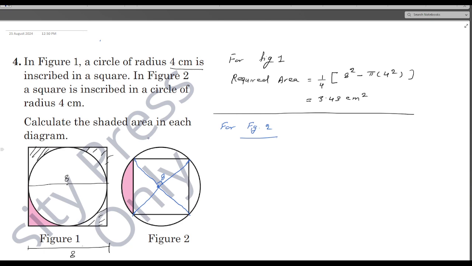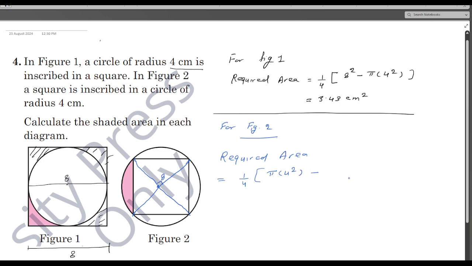So the required area will be equal to 1/4 of the area of the circle, which is pi times 4 square, minus the area of this square, which is half times diagonal 1, which is 8, into diagonal 2, which is again 8.